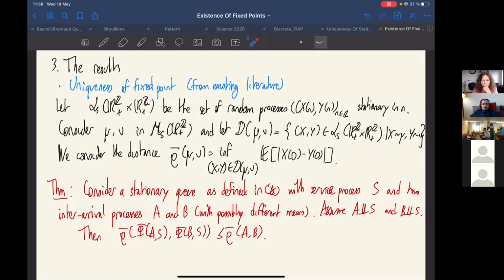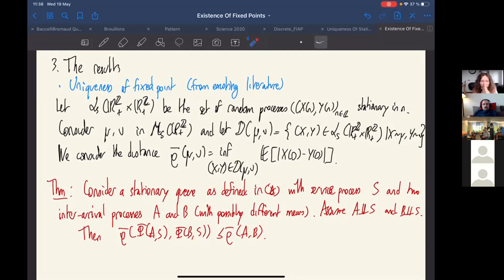I'll just present the main ideas of the different steps of the proof, because of lack of time, and I don't think it's necessarily relevant here. And so for the uniqueness, the idea is to consider a Wasserstein-like distance. What I mean by Wasserstein-like distance is that you take two processes, which are going to be here the arrivals process and the service process, and you look at the couplings of such processes.